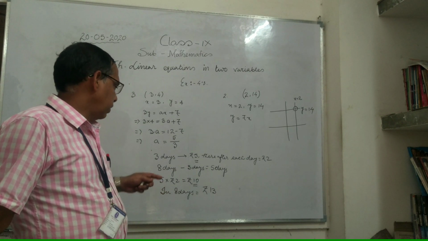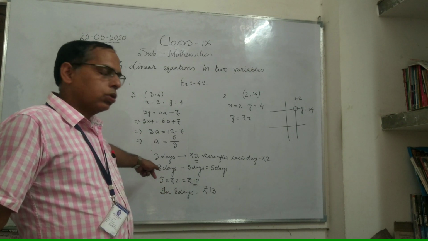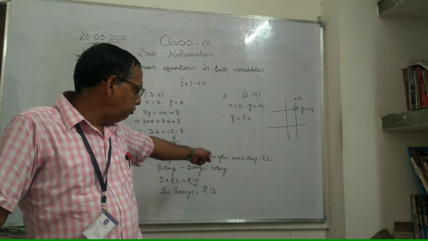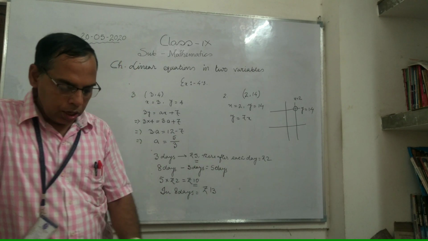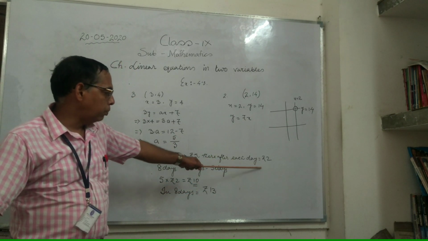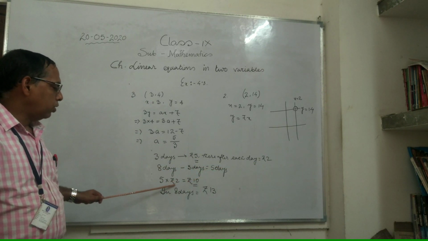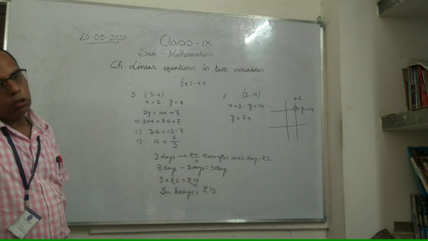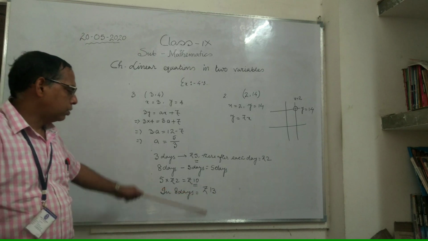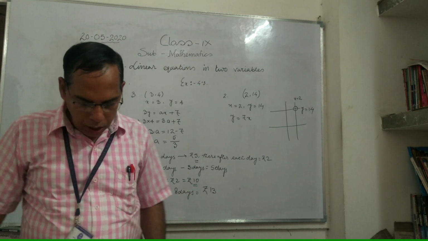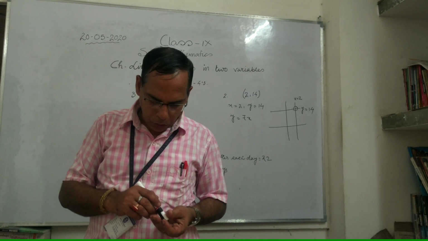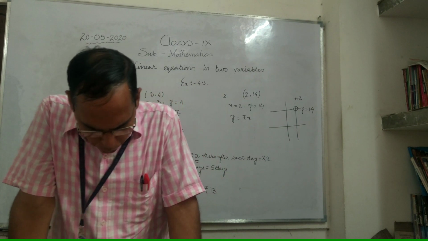From 8 days, 3 days gone, 5 remaining. Each day ₹2, so 5 into ₹2 equal to ₹10. So finally you are paying ₹15. Clear? Now see this question, question number 4.